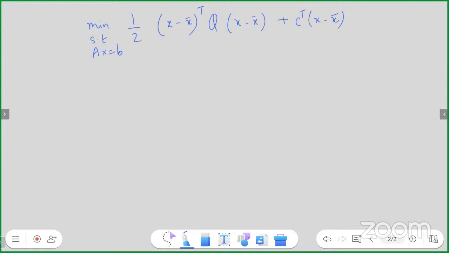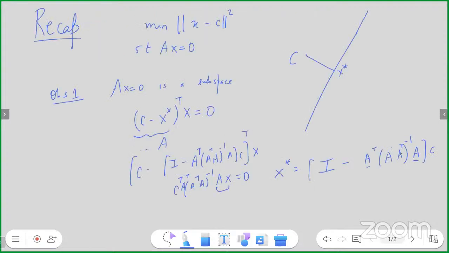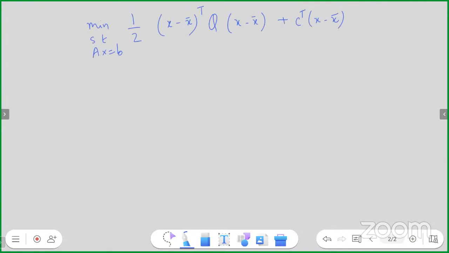So now, using the last result, can you give me an answer for this? Keep in mind what we did. We solved that problem. So all you have to do is to write this problem in terms of that problem.